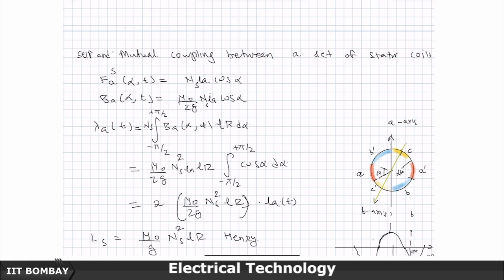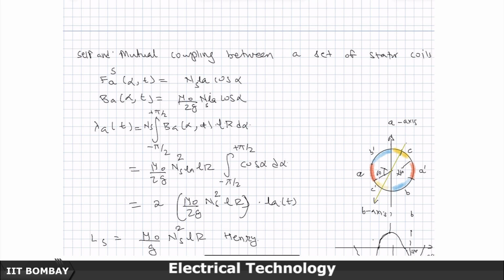If you excite a cylindrical rotor, the air gap is constant everywhere, and if I put a current IR, then whatever be theta, the geometry seen by the rotor is the same. So, therefore, LR will also turn out to be constant.